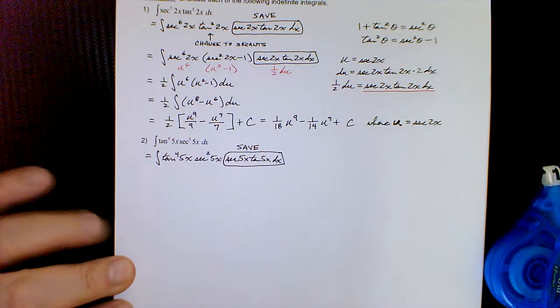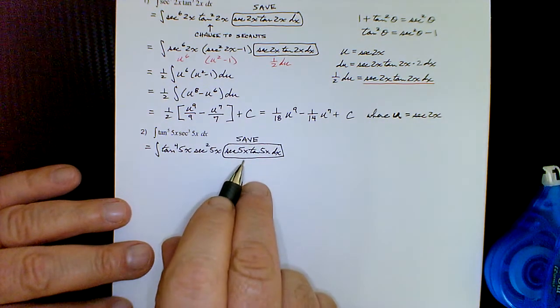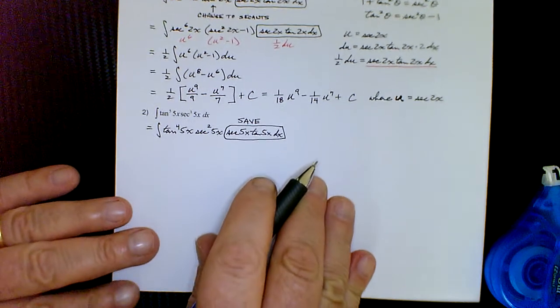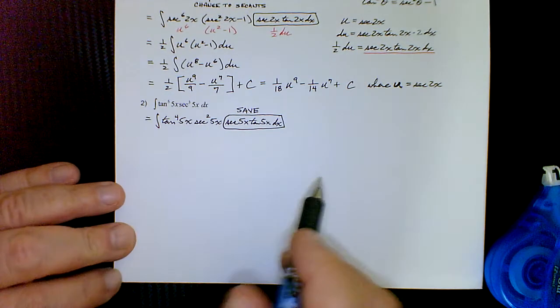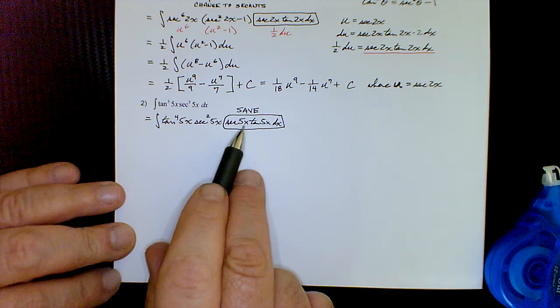But the logical question we could ask would be, if secant tangent is going to be the du, what's the trig function whose derivative gives us secant tangent? And that is secant.